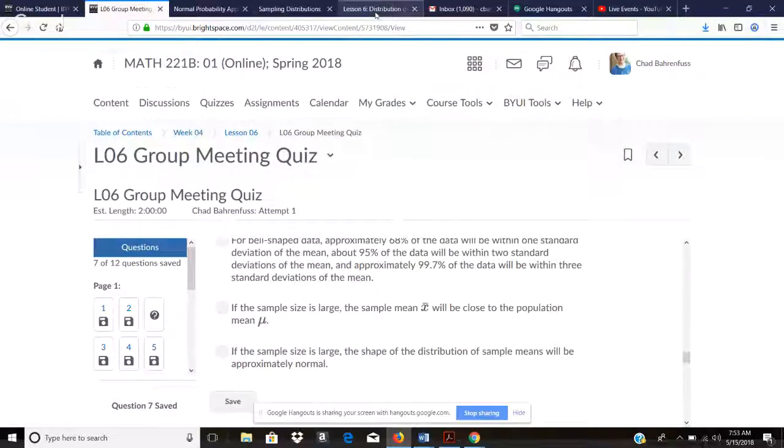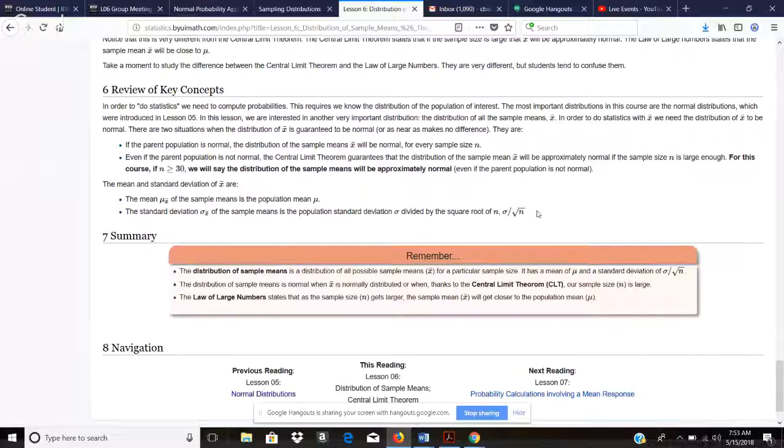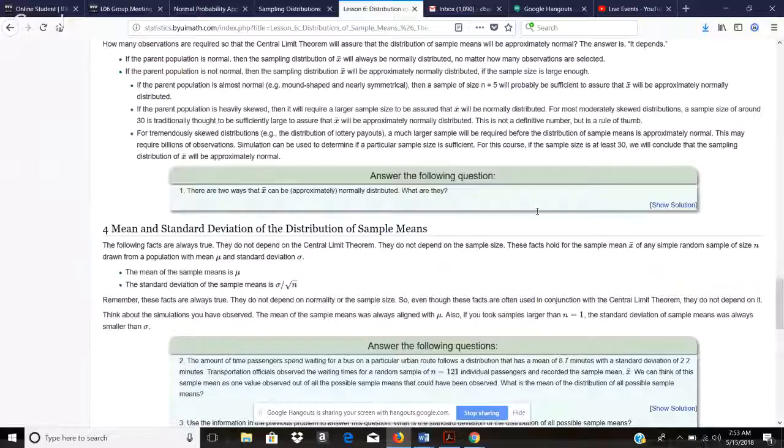Something else I looked at: in the book, under the central limit theorem, the second paragraph, where it starts saying, you have observed.